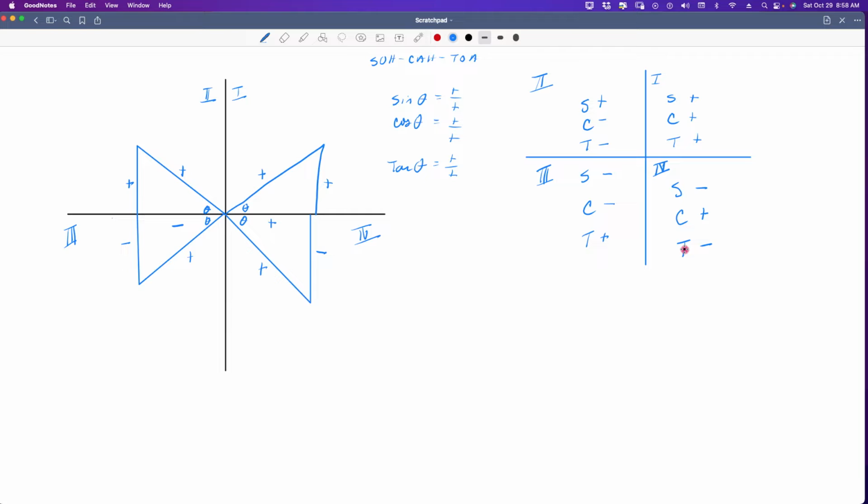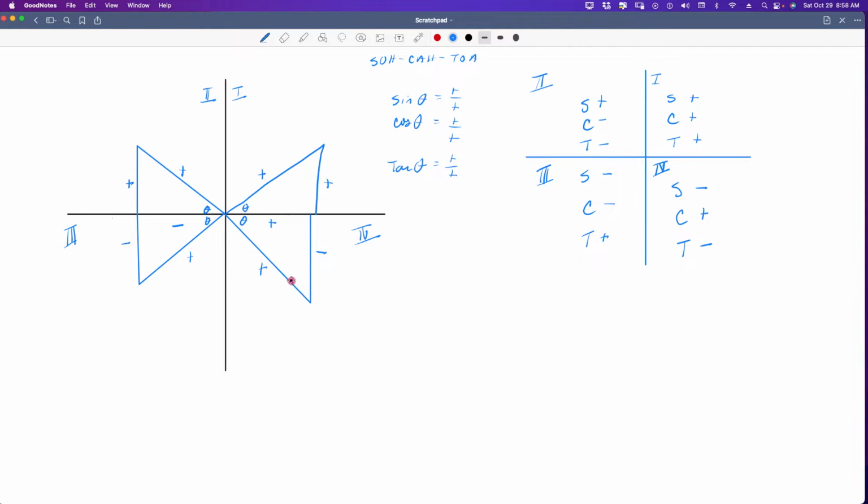Those things are important when we start talking about rotation of an angle. We start looking for that when we don't really have a reference triangle and we don't know exactly where that angle lives on the quadrant map, right? So let me give you an example of that.